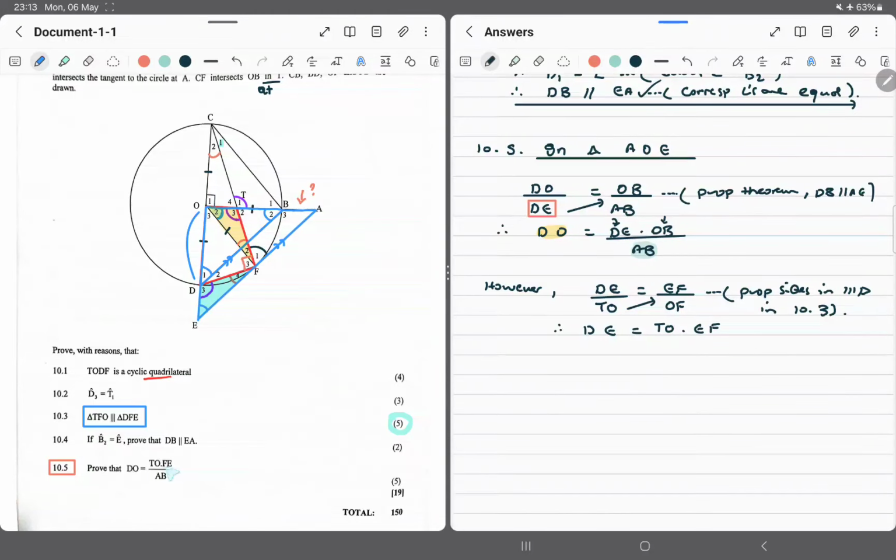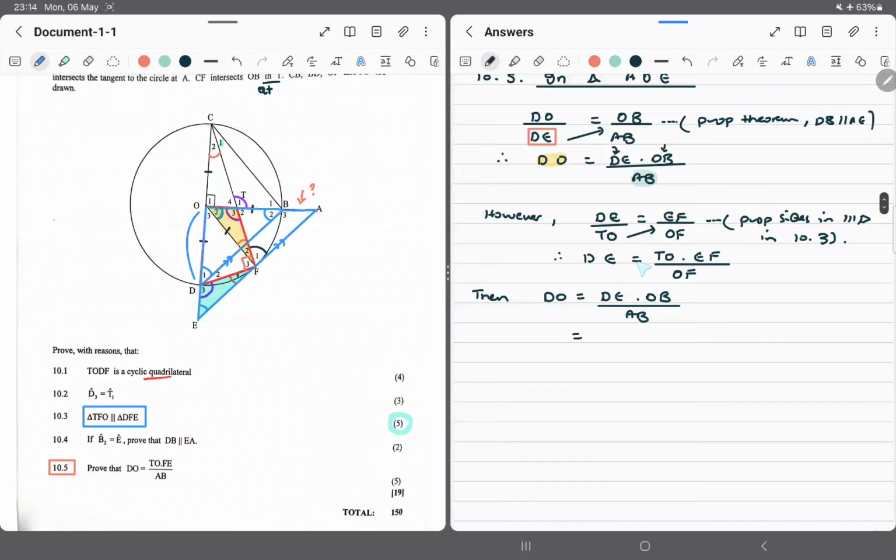Can you see, they are appearing now, the simple ones? The problem will just be OF only, it alone. Then guys, we can put DE back into that expression. We can say then with DO equal to DE times OB over AB. This will be equal to, instead of DE, we put that story.